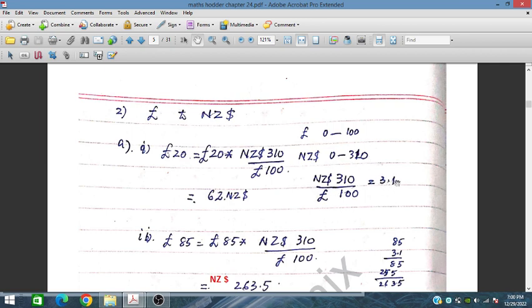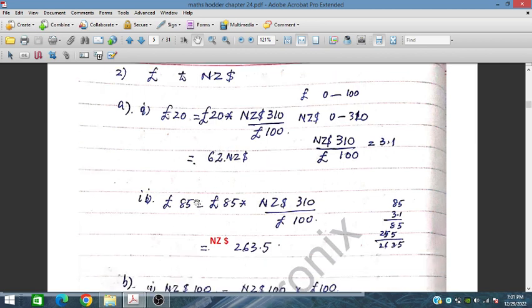So 1 pound is equivalent to 3.1 New Zealand dollars. So for these 20 pounds, 20 pounds into 310 New Zealand dollars by 100 pounds. This pound will cancel with this pound sign, and then on simplification we obtain this. So 20 British pounds is equivalent to 62 New Zealand dollars.